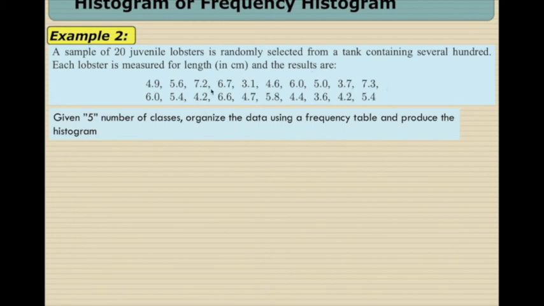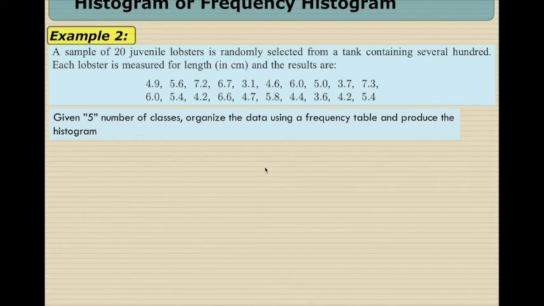But here we are given 5 classes, so we can directly use the formula. We were told to organize the data using a frequency table and produce the histogram. So we must produce a frequency table like before and produce the histogram.